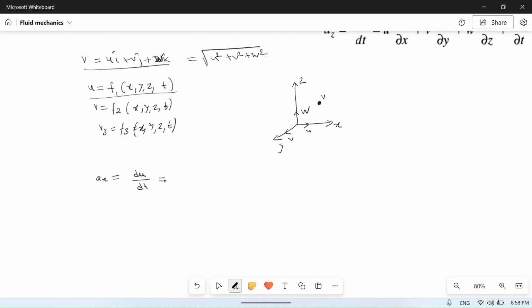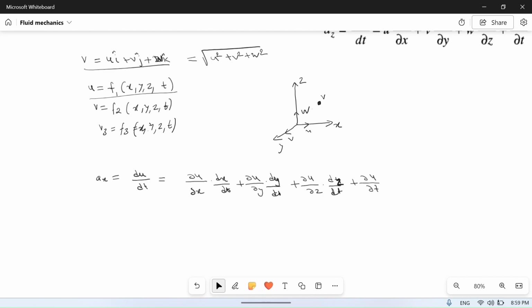The differential of velocity is acceleration, so it can be written as del u by del x into dx by dt, plus del u by del y into dy by dt, plus del u by del z into dz by dt, plus del u by del t. So this is the chain rule.